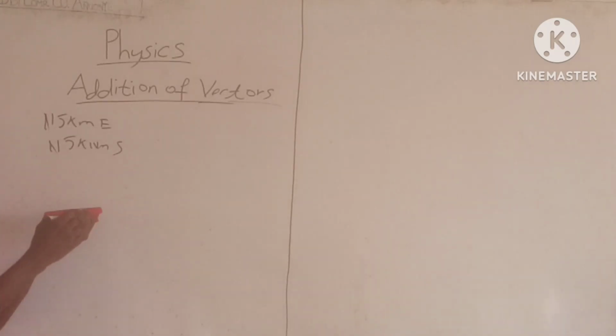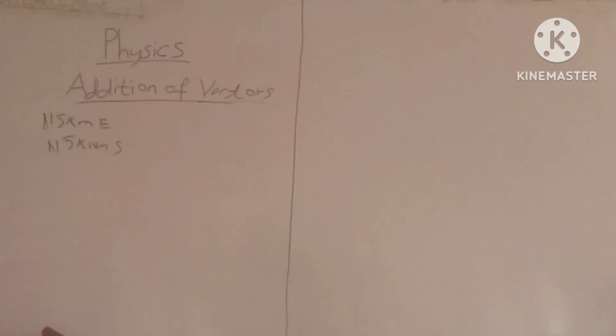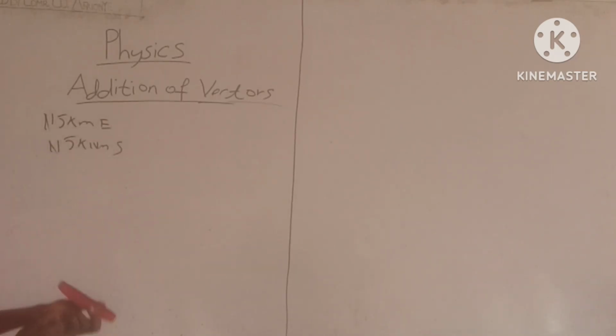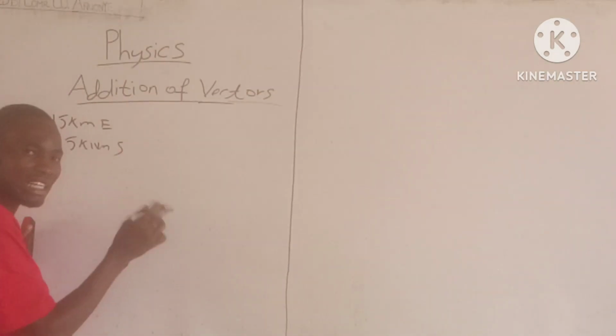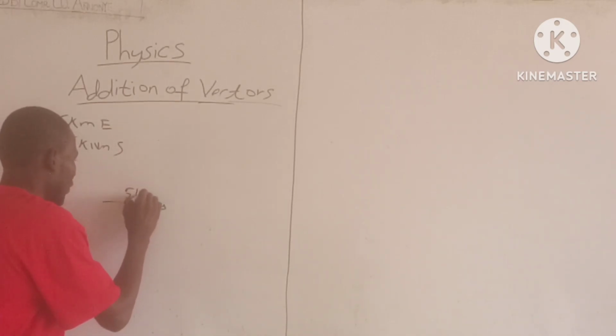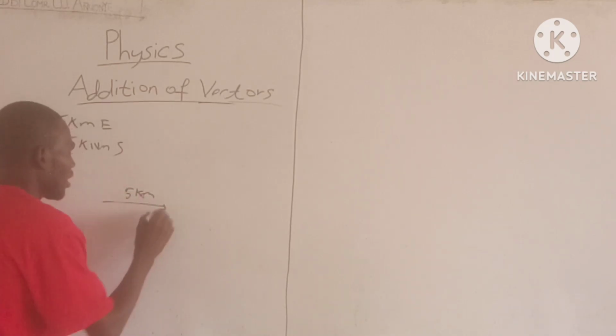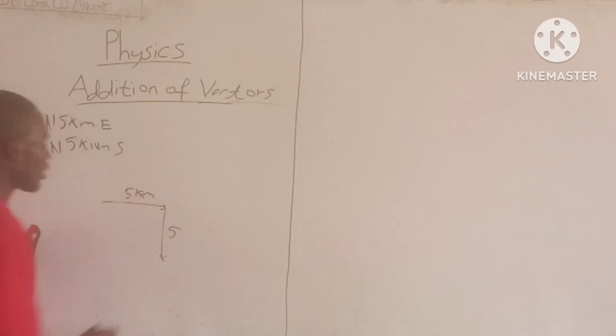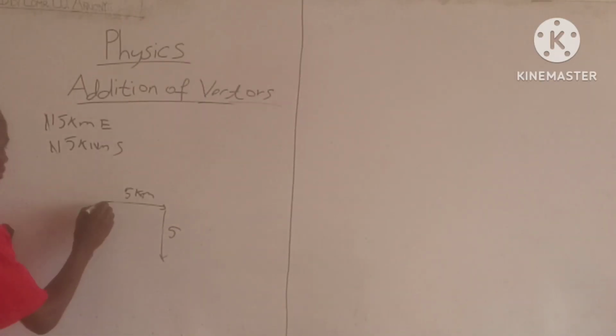How do you get the resultant of this displacement? Remember, this is displacement because it has a specified direction. He moved 5 kilometers east, and then moved 5 kilometers south. How do you get the resultant?